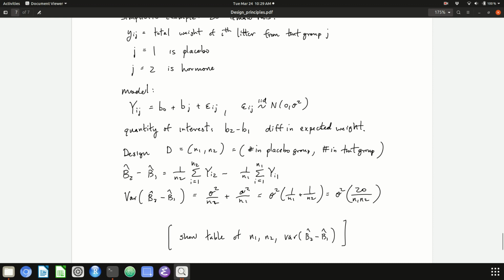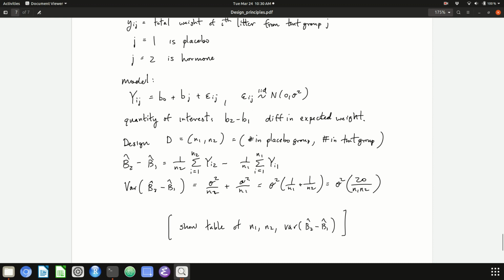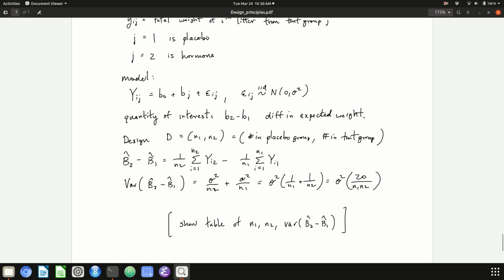It ends up being sigma squared over n2 plus sigma squared over n1. This term comes from this part of the estimator. This term comes from this part. And so you can simplify this as sigma squared times 1 over n1 plus 1 over n2. And if you want to simplify it further, you could write it like this. This simplification comes from the fact that n1 plus n2 has to be equal to 20.